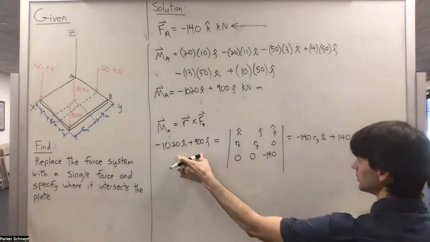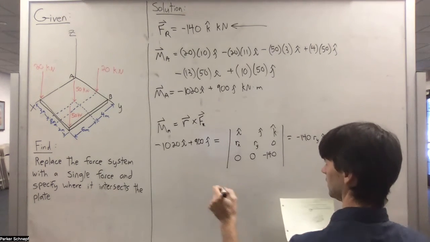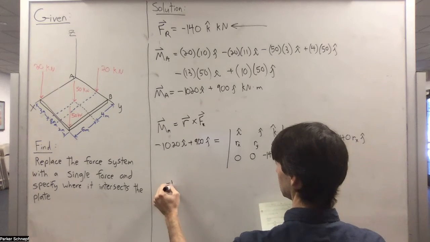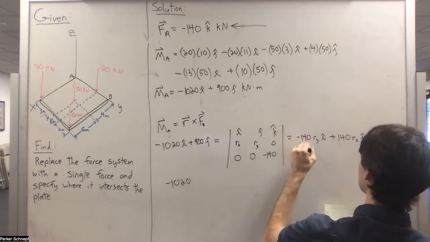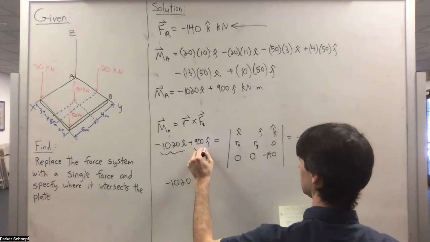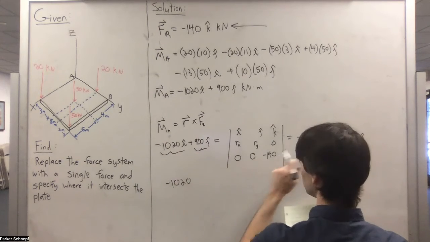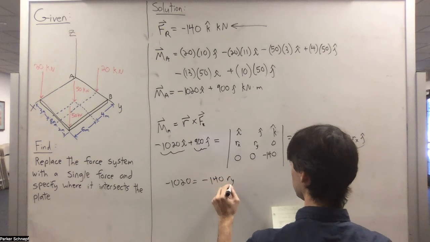Now we can just do some algebra and solve. We'll just look at the components, since we know these have to equal each other. So negative 1020 must equal negative 140 ry.